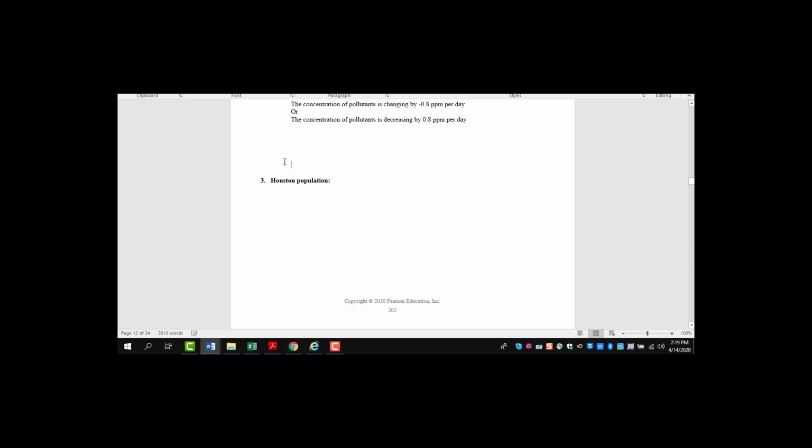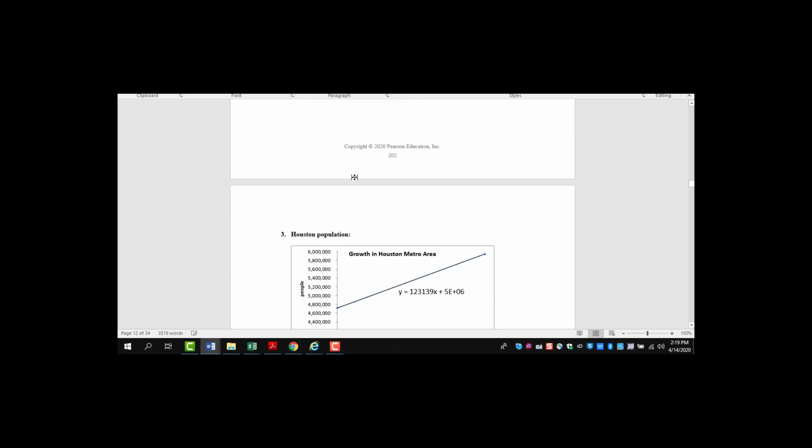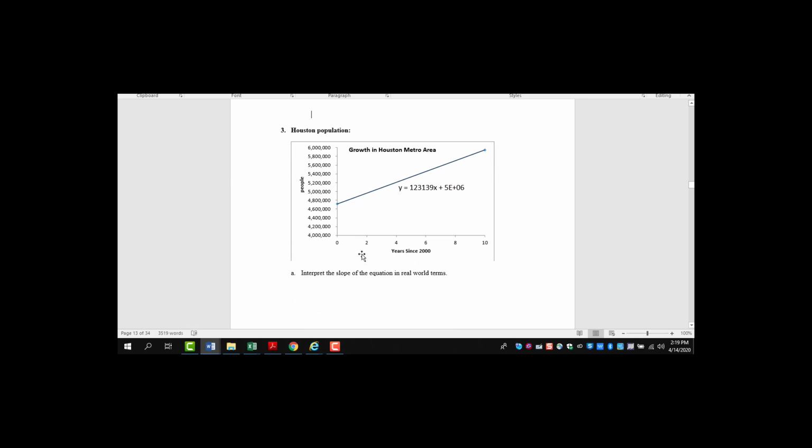So we'll look here at the population of Houston. Go down here. Population of Houston. Growth in the Houston metro area. You have that number there. And that number there, hopefully you know what that means. That means 5 times 10 to the 6th power.